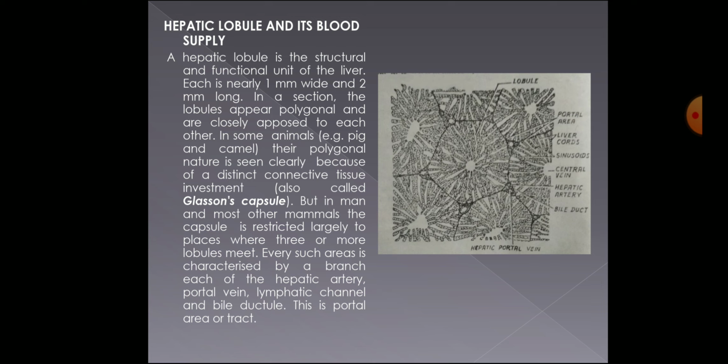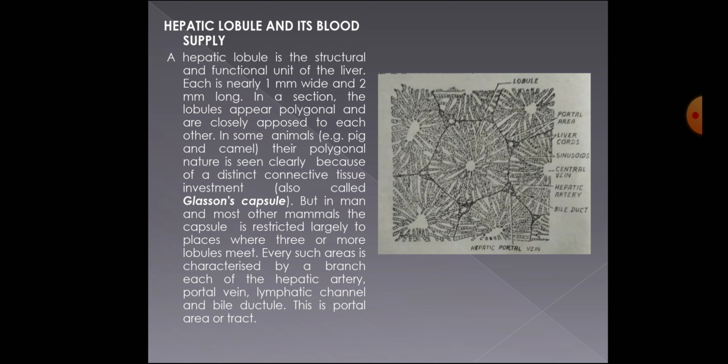Due to the connective tissue, the parenchymal substance of the liver is divided into compartments. These compartments are polygonal in shape and called hepatic lobules.